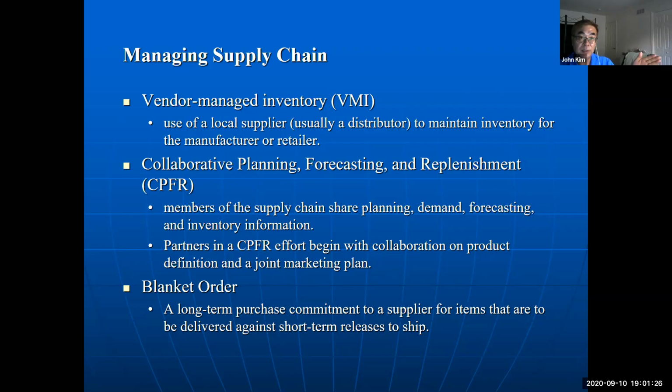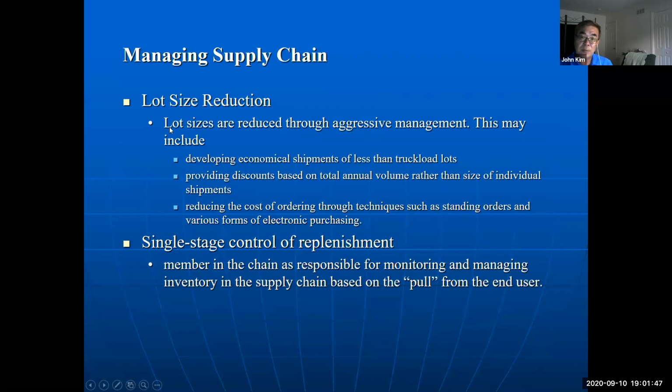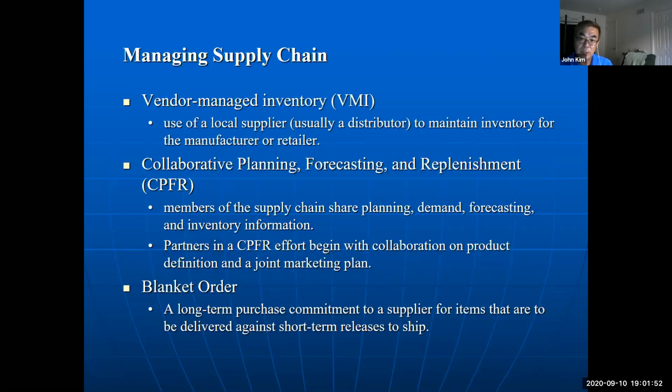So a long-term contract, and in that case inventory cost is low, and uncertainty is low. So these are concepts, technology and tools to reduce inventory costs and respond fast in a supply chain.